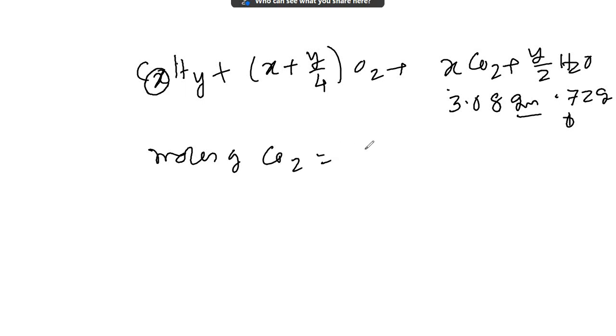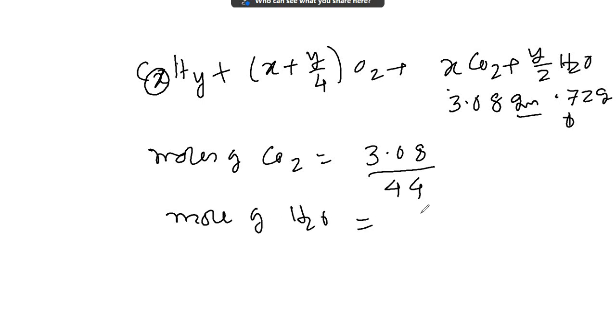Moles of CO2 will be 3.08 divided by 44. Moles of water will be 0.72 by 18, because the molar mass of water is 18.